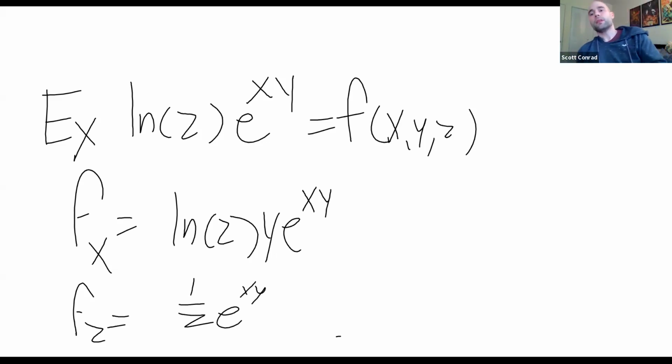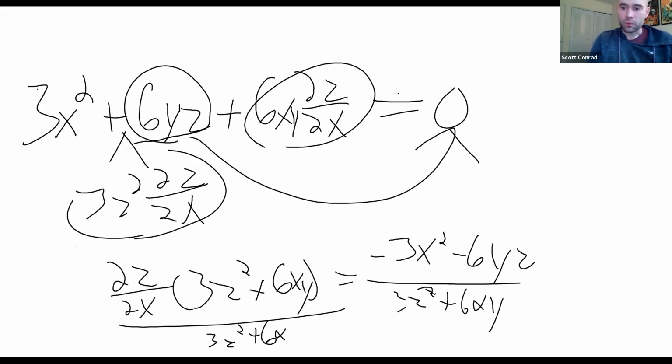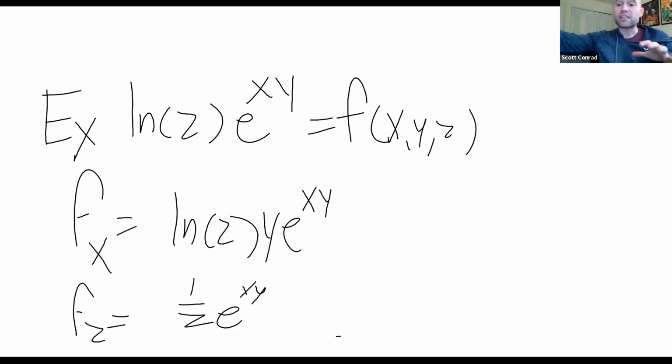Very easy. Okay, so one thing to be careful of here is that now we have a function of x, y, and z. Before, we had an equation involving x, y, and z, but we said z was defined implicitly as a function of x and y.